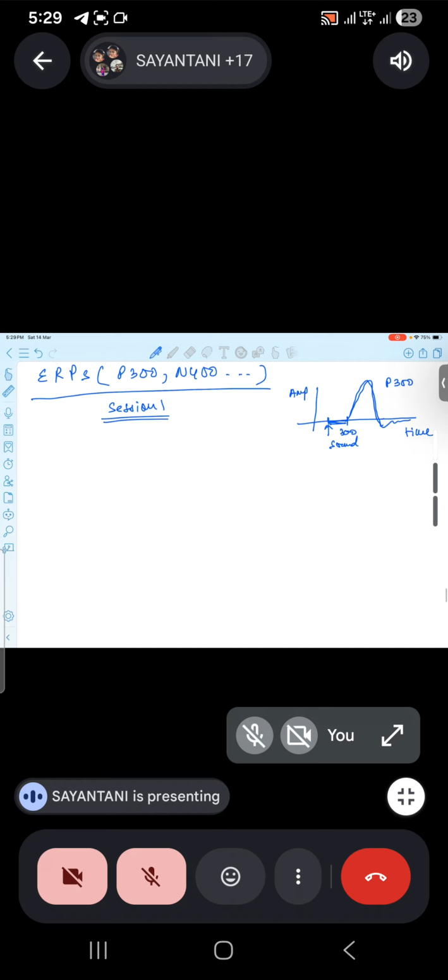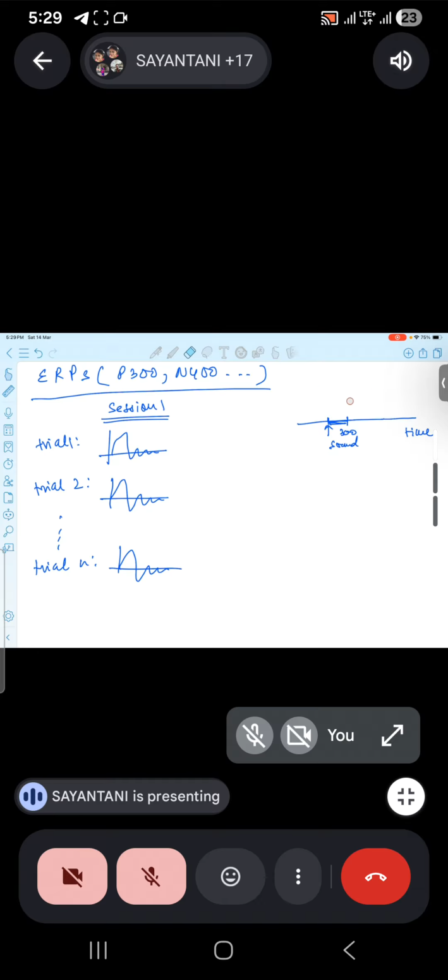What is that? Suppose in a session, for every trial, I'm going to get a P300 signal. So this is the first P300 signal, trial 1, trial 2, another P300 signal. So maybe there is another trial, trial N, this is another P300 signal. Okay, I'm erasing this part.